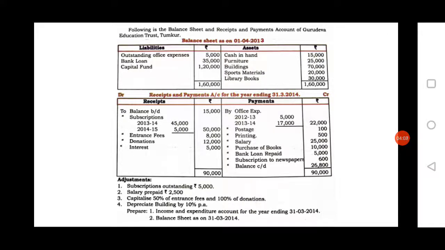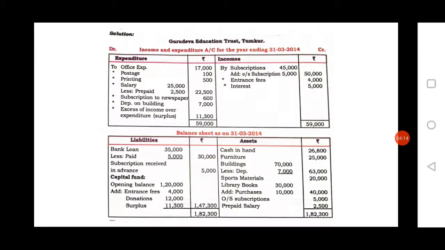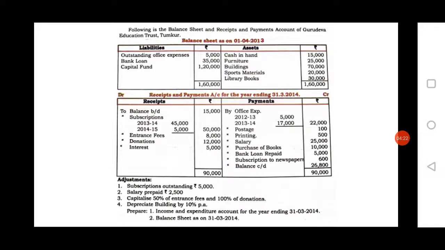Opening value of building is 70,000. On that if you calculate 10%, then you will get depreciation on building 7,000. Additional purchase of a building is not given in the payment side, therefore only on the book value you have to calculate building depreciation.